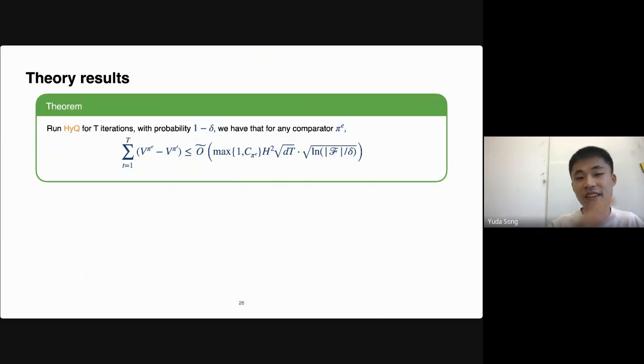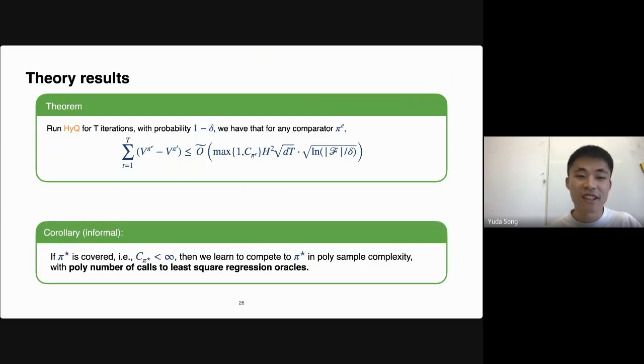And since we are dealing with an offline dataset, naturally we will also pay for the coverage part. So that's, I guess, intuitively what's going on with this regret bound.